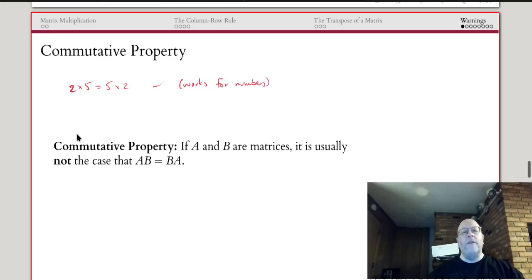But it's usually not the case that it works for matrices. A times B does not equal B times A, except in special cases, for example, if one matrix is all zeros.